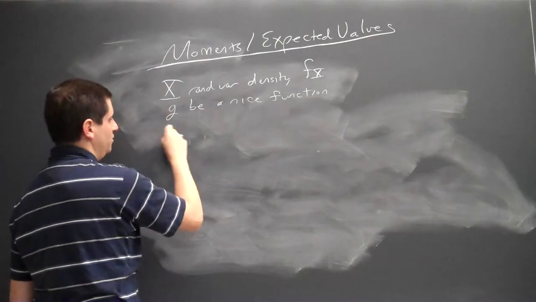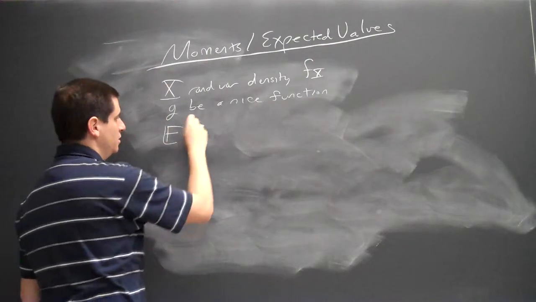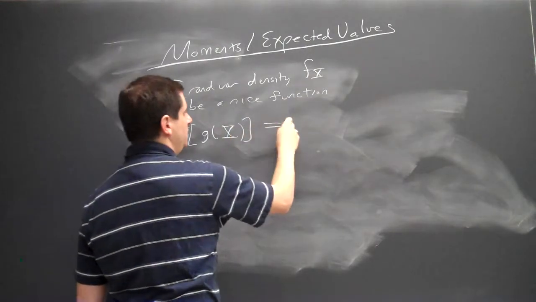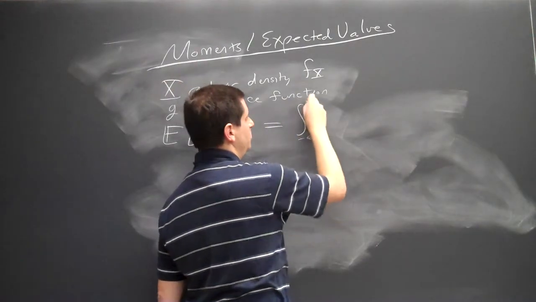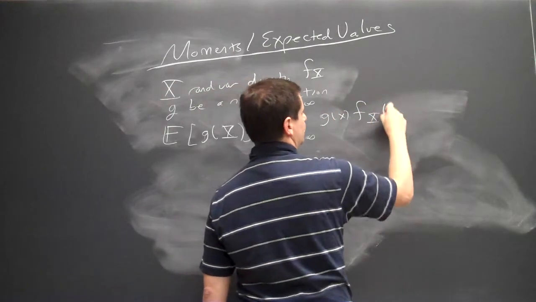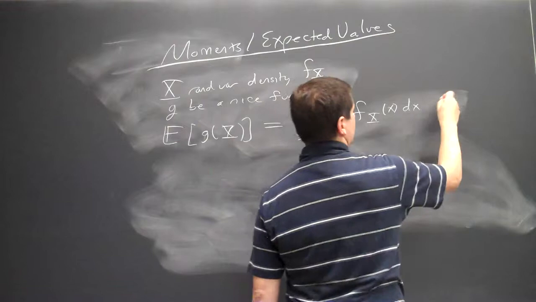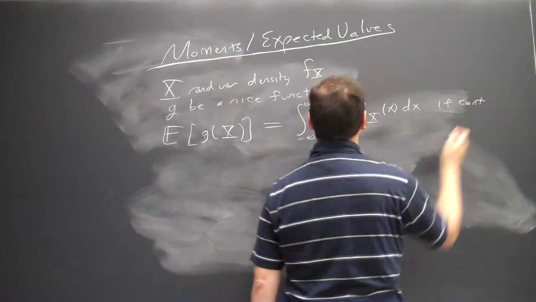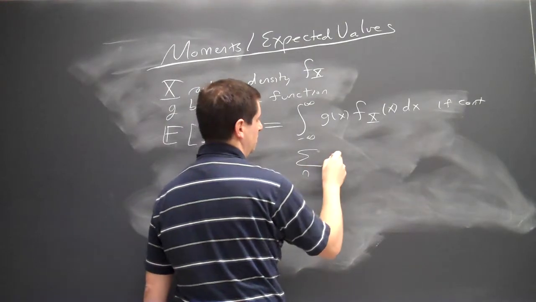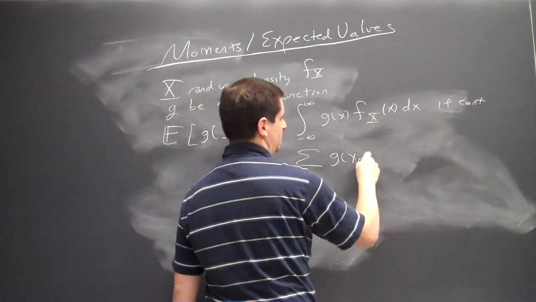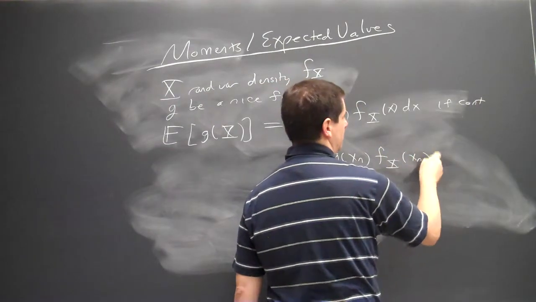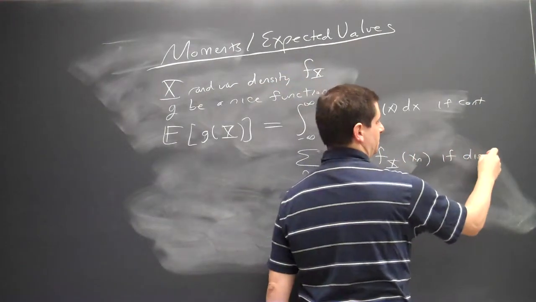Then the expected value, and we write expected value like this, square brackets g of X, means the integral from minus infinity to infinity of g of x, f of x dx, if it's continuous, and it means the sum over n of g of x_n times the probability of x_n, if discrete.